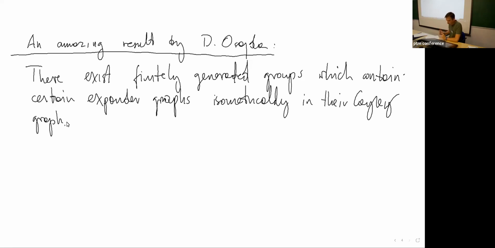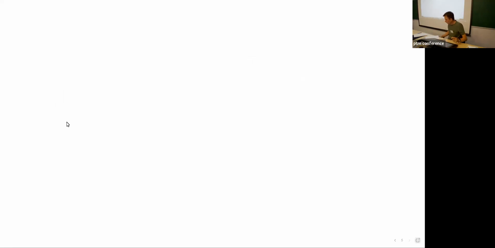Okay, so this is more of a side note, maybe. Expanders are useful, so what I want to mainly talk about is how they are useful in disproving certain conjectures in index theory.